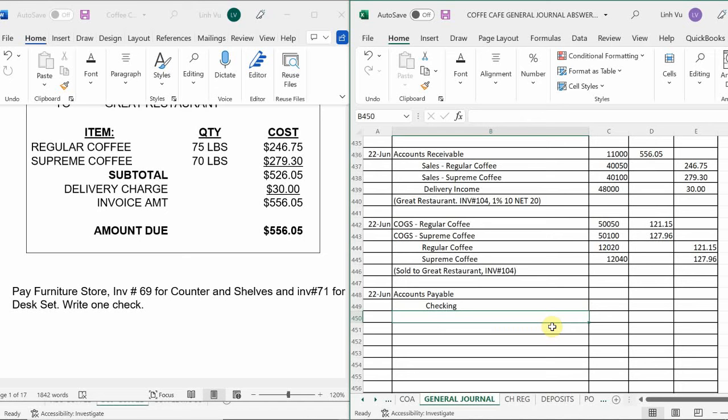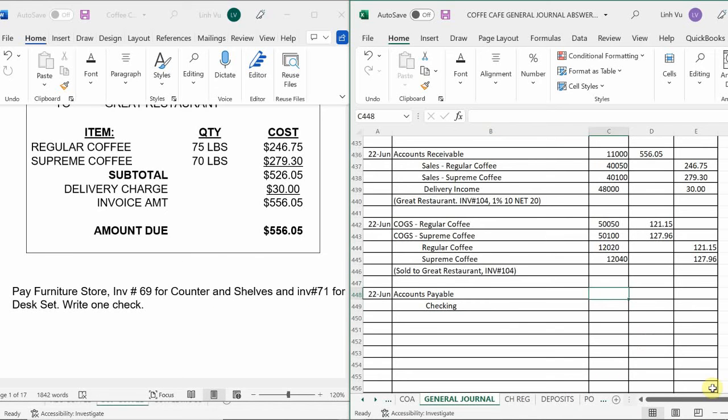What was that? What do I need to do? The chart of account numbers for both.